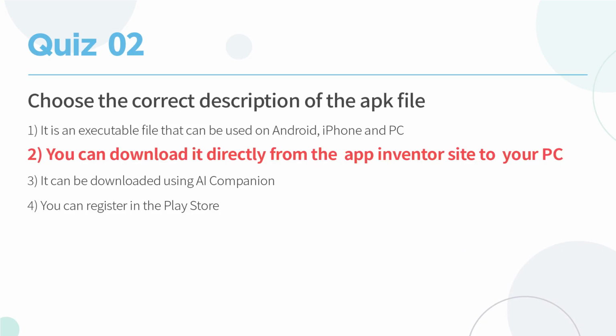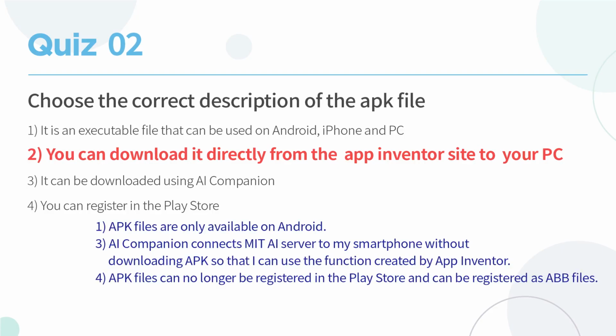The right answer is number 2. Let me explain why. The APK file is only available on Android, so number 1 is incorrect. Number 2 is right. The AI Companion connects the MIT server to my smartphone without downloading an APK, so that you can see the test result.